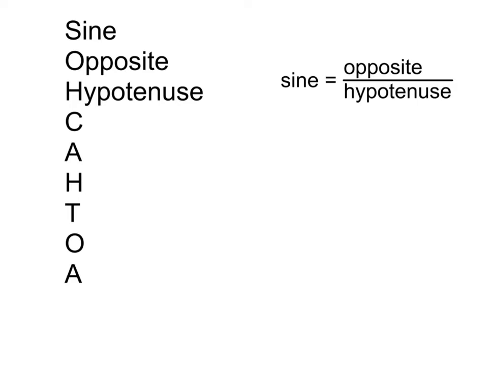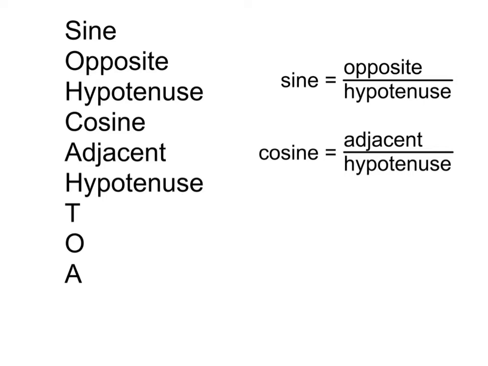And so if we remember how we spell SOHCAHTOA, we remember what the definitions of all of these various trig functions are. So like the C, well, that's telling us about cosine. A and H, that's our adjacent and our hypotenuse. Therefore, cosine is adjacent over hypotenuse. And the T here stands for tangent.